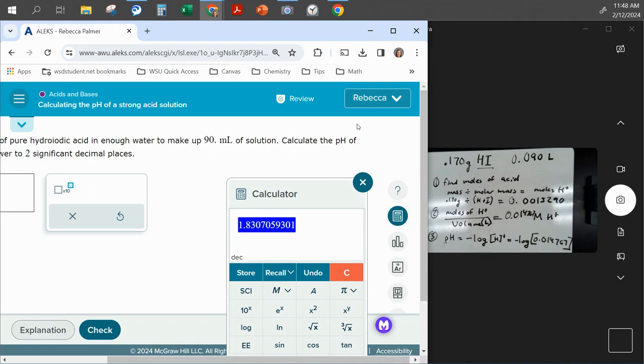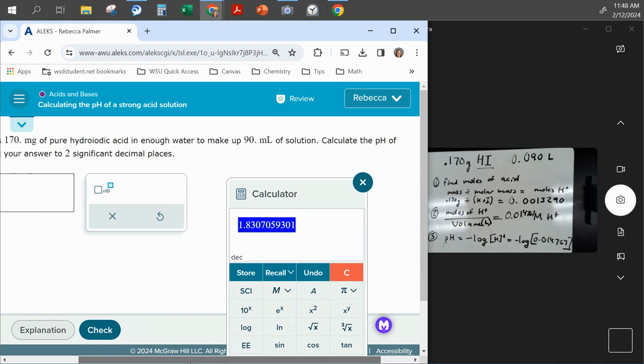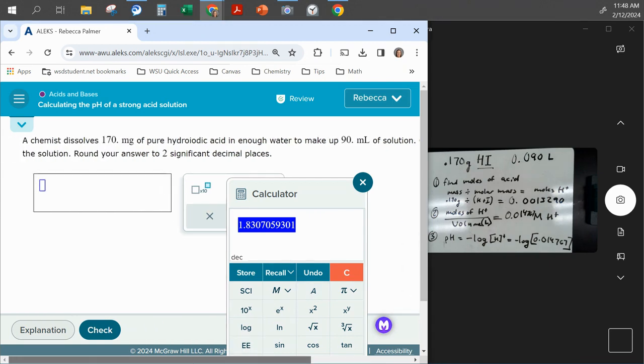And then remember, when I take the log, I need to keep the same number of decimal places as my least sig figs. So this value has 3 sig figs. This value has 2 sig figs. So I'm going to go with my least sig figs. So my answer needs 2 decimal places.